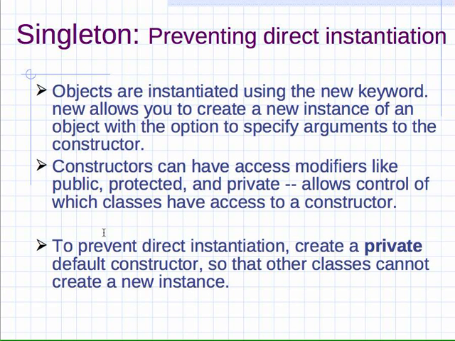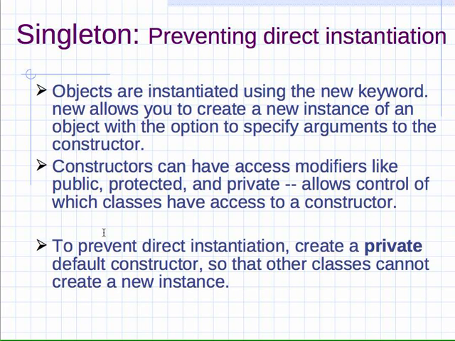Okay, so how do you prevent direct instantiation by developers of a client class? Objects are instantiated using the new keyword in Java, and new allows you to create a new instance of an object with the option to specify arguments to the constructor. Constructors have access modifiers like public, protected, private, package private, and that allows control of which classes have access to any given constructor.